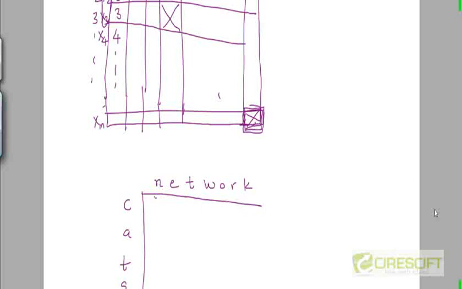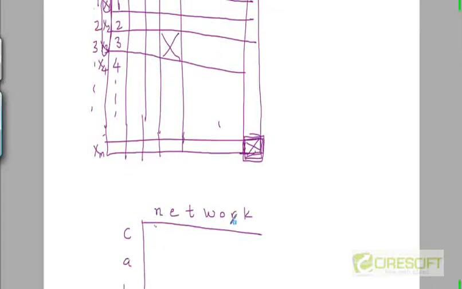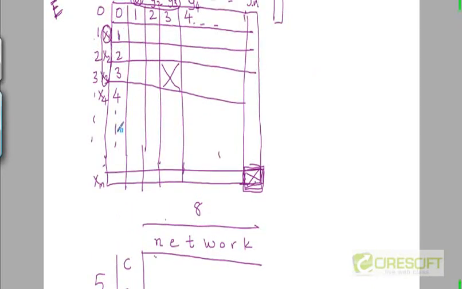There should be an extra row and an extra column here. So this will be 1, 2, 3, 4, 5, 6, 7. There are 7 letters here, so there'll be 8 columns and 5 rows. You'll fill in the 0th column and the 0th row in this particular way, and then you'll start building.